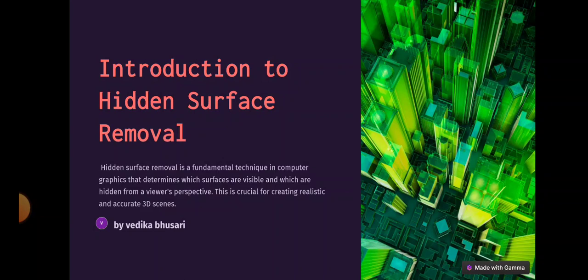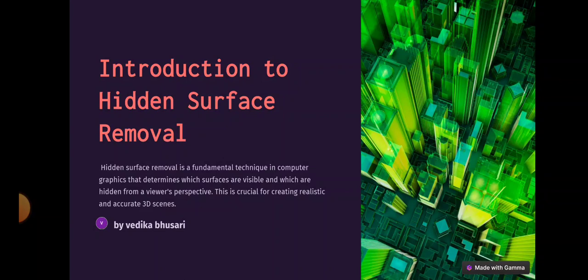In this presentation, we will uncover the secrets behind this essential process and discover how it enhances realism in computer generated worlds. As we dive in, let's first grasp the challenge posed by hidden surfaces and why addressing them is fundamental to creating immersive 3D environments.